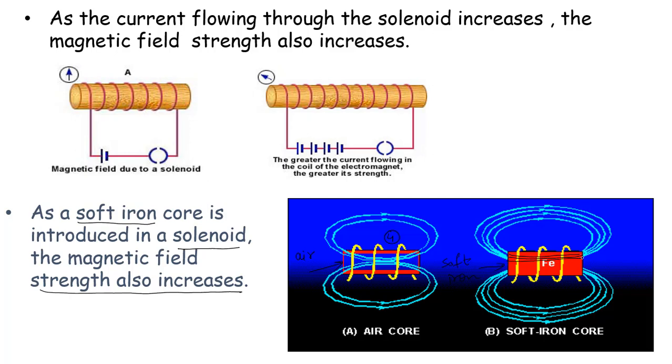It means the intensity of the magnetic field inside as well as outside the solenoid will increase. So the conclusion is, if there is a medium like soft iron inside the solenoid, the strength of the magnetic field is going to increase.